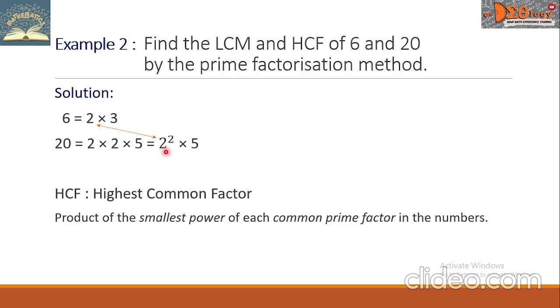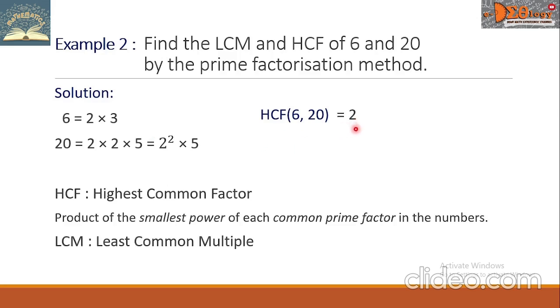But based on the definition, we will take the smallest power. So the HCF of 6 and 20 is 2 with power 1. HCF is 2.